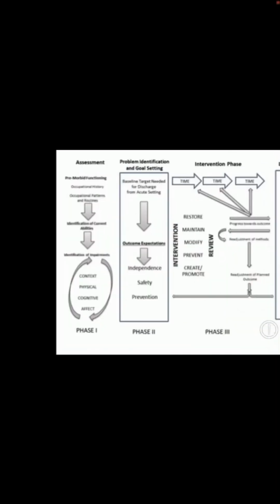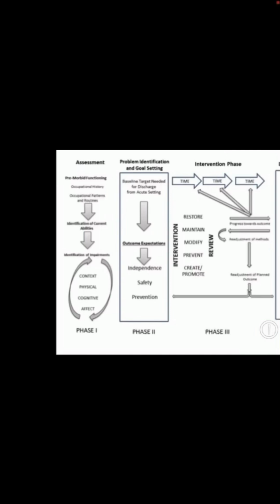There you go, guys. In summary, we have all of these 4 phases. We have talked about the assessment phase, problem identification, goal and discharge planning, and the intervention phase, and then the discharge. I hope this makes it a little bit clear for you. So if you want, you can have a snapshot of this diagram that I have rejigged.